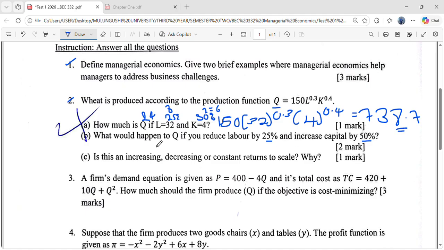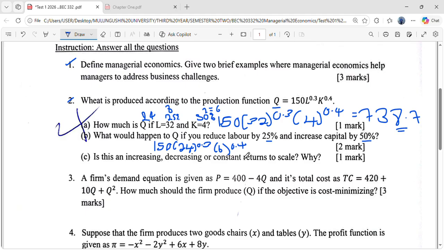So we have 150, then we say 24 to the power 0.3, and 6 to the power 0.4. So we say 150 open bracket, 24 to the power 0.3, close bracket, open bracket, 6 to the power 0.4.